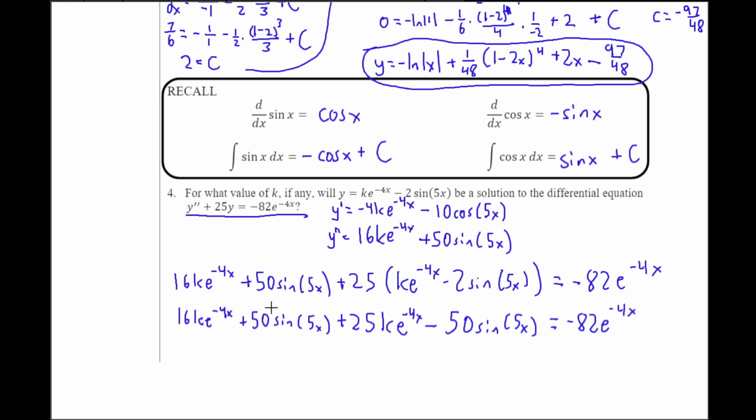If you see here, the 50 sine of 5x cancels out with the minus 50 sine of 5x. Now you have a 16k e to the negative 4x and a 25k e to the negative 4x. You can combine those since they have the same variables, so that is 41. On the left side of the equal sign, it's 41k e to the negative 4x, and on the right is negative 82 e to the negative 4x.